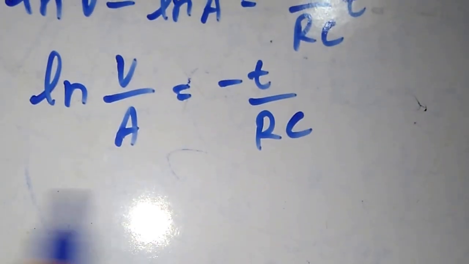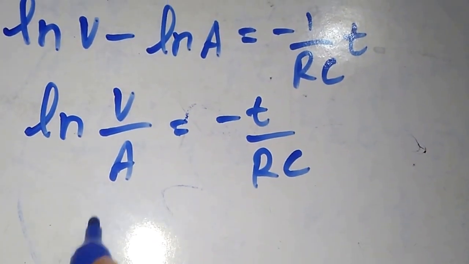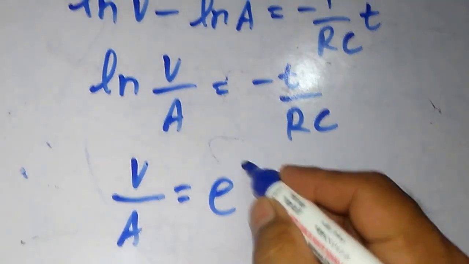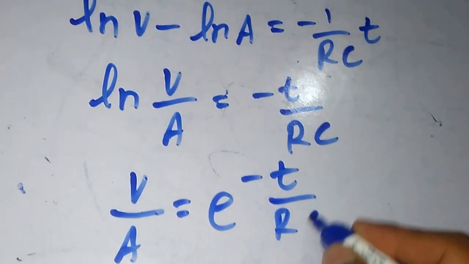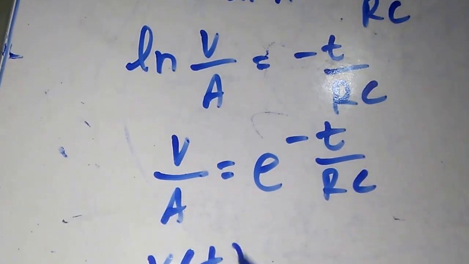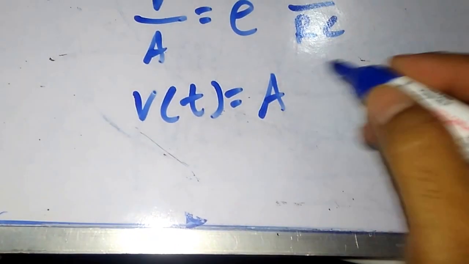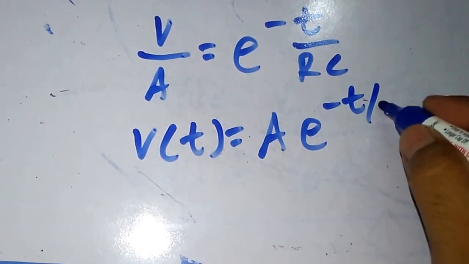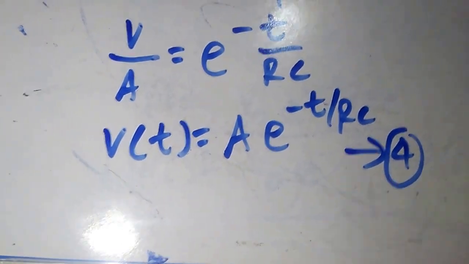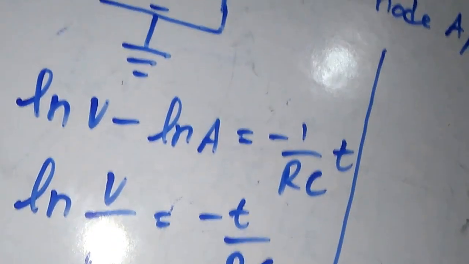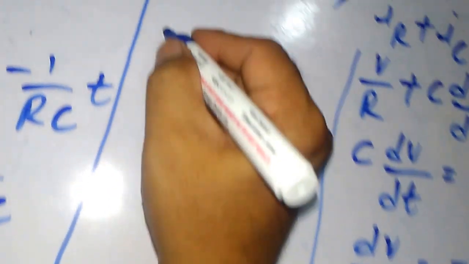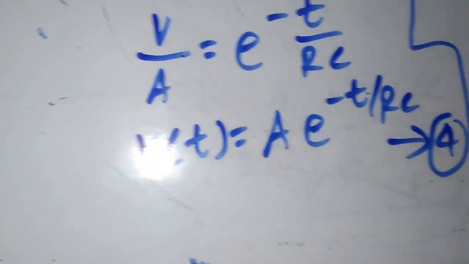Now if you take the exponential power on both sides, you can write V by A is equal to e power minus t by RC. So you can write V of t is equal to A into e power minus t by RC. This you can call equation 4. Now if you consider A as the initial condition, you can use equation 1.